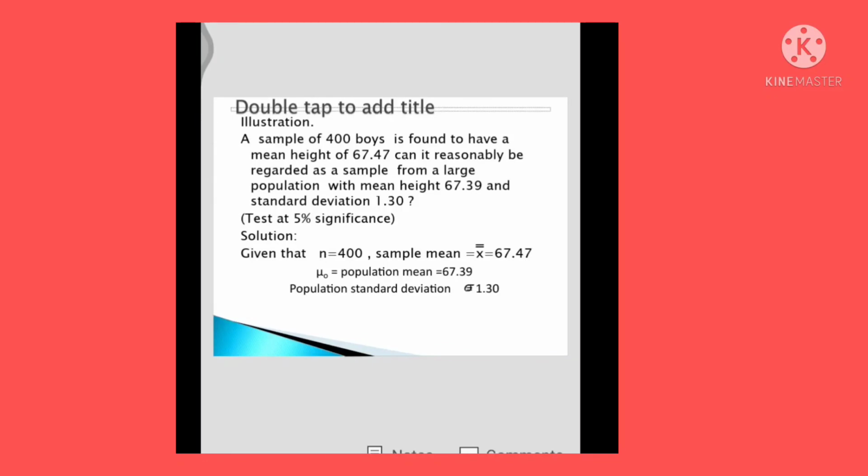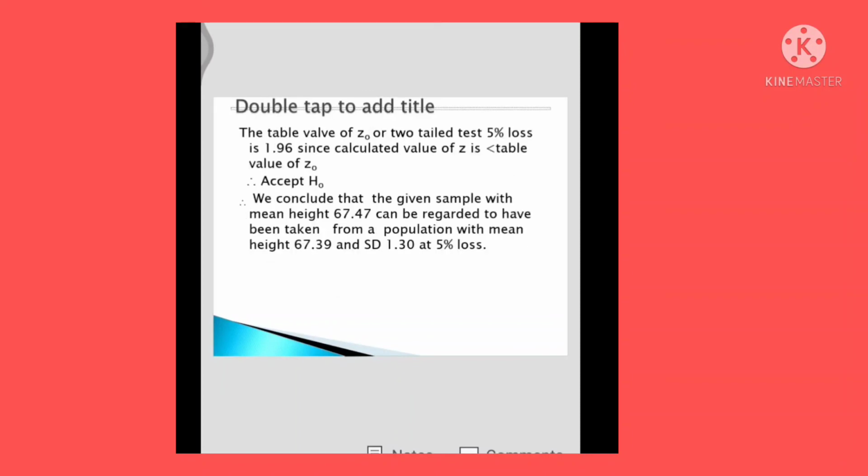Sometimes 1% or 10% significance is also asked. If nothing is asked, the default is 5% significance. As per the tabular value of Z alpha for a two-tailed test, it is a two-tailed test, no? So Z alpha for a two-tailed test at 5% level is 1.96. We can get it in a table.